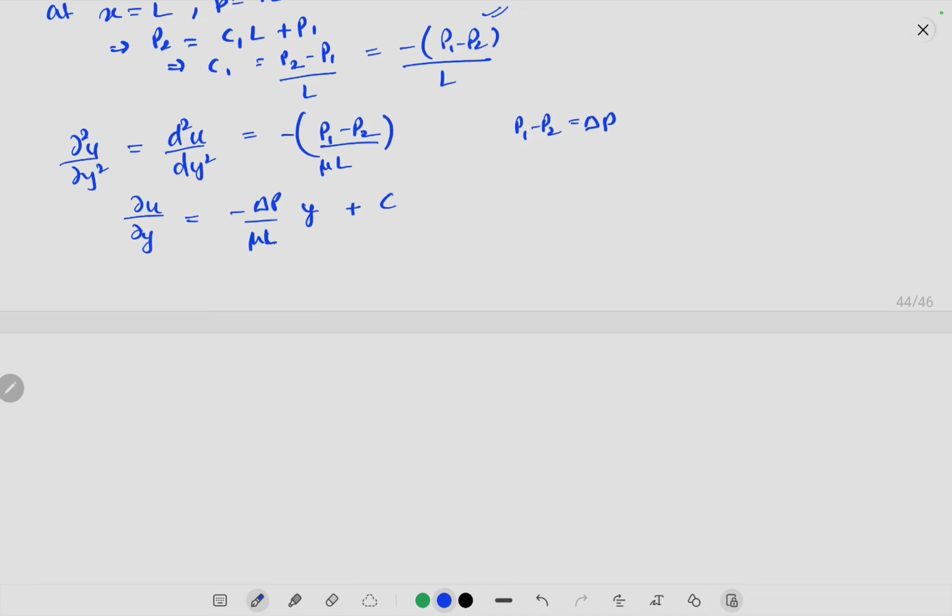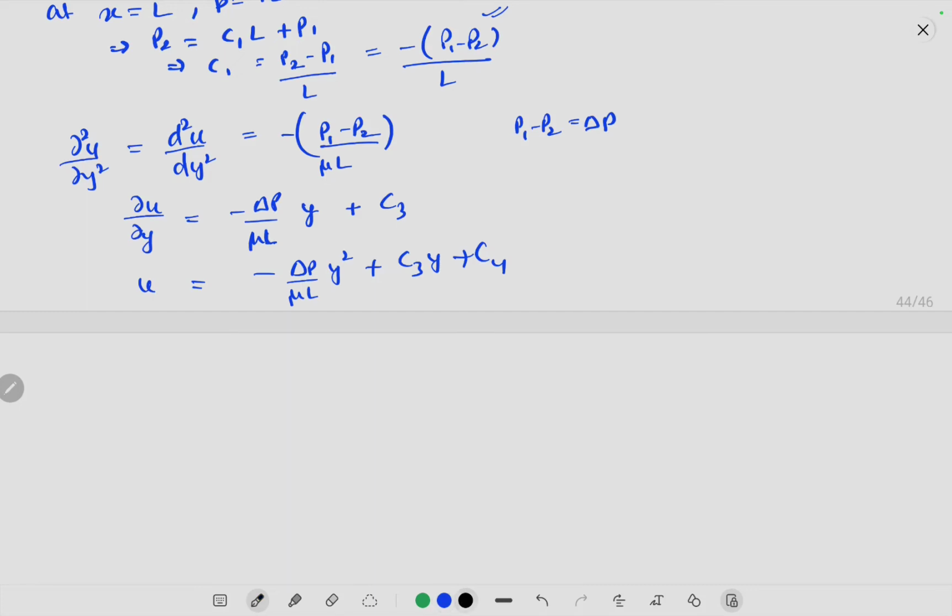I can just write a c here. Okay, now integrate it again. I will get u equal to minus delta P by mu L times y square plus c3 y plus c4. I've used c1 and c2 already, so let's call these c3 and c4.